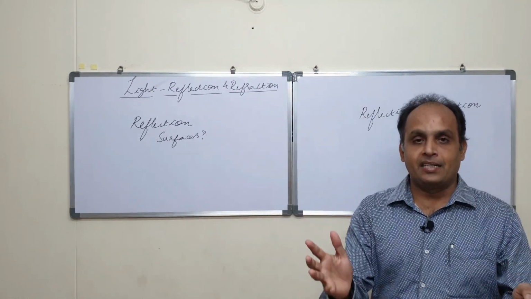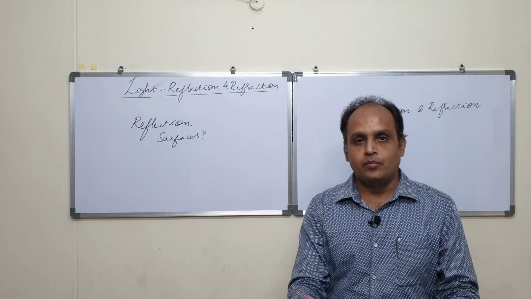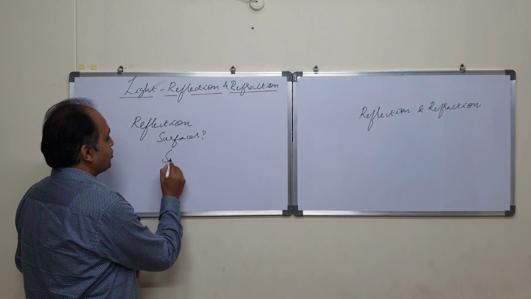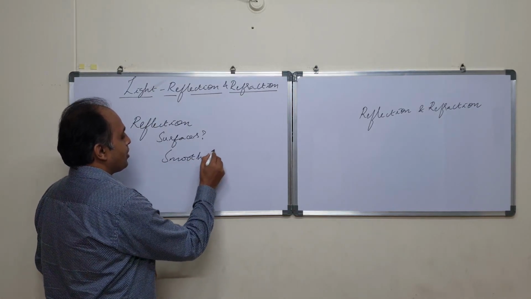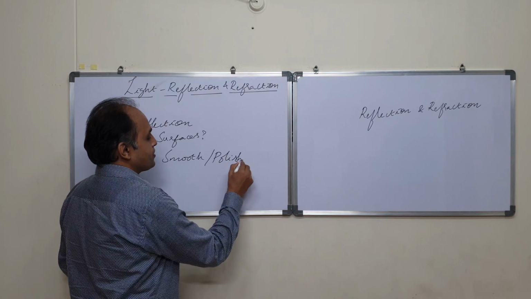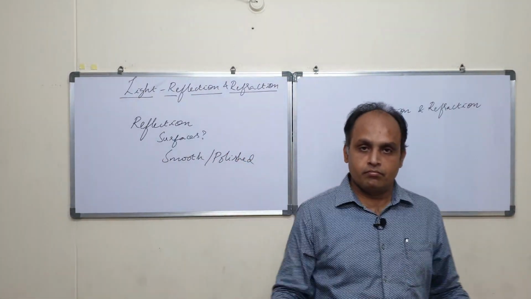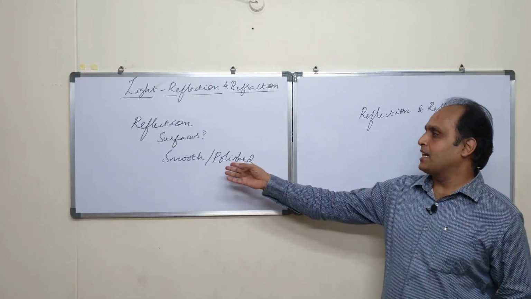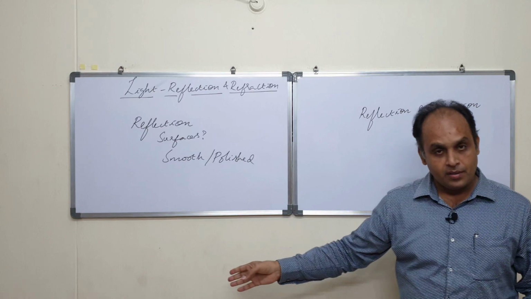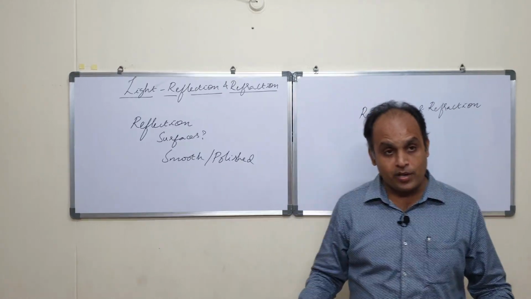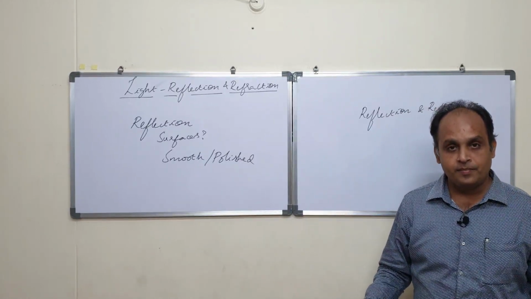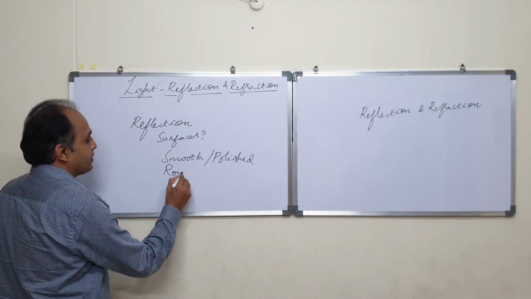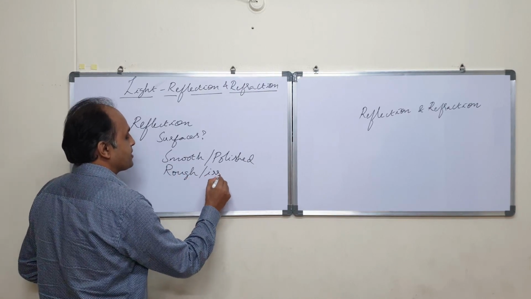I think most of the people watching this video would be saying that light gets reflected from smooth or polished surfaces. Is that all? That light is going to get reflected from smooth or polished surfaces? No, it isn't. Light also gets reflected from rough or irregular surfaces as well.